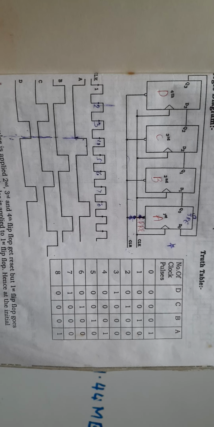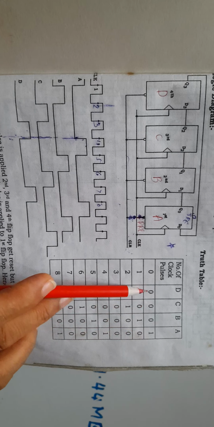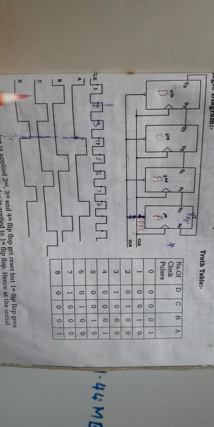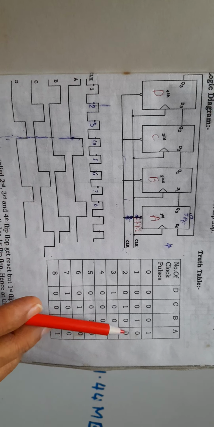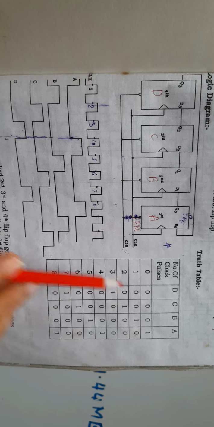So initially, see, the output is 0, 0, 0, 1. When the first clock arrives, the output changes. So the output becomes 0, 1, 0, 0.